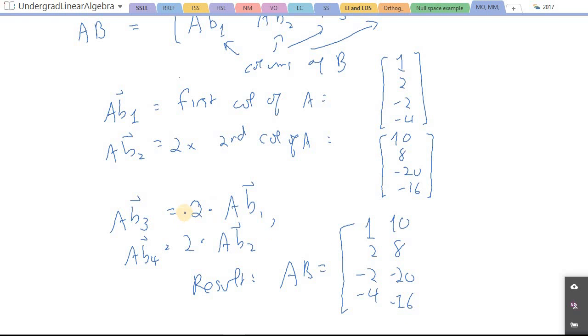Third column is 2 times the first column, so I'm going to get 2 times 1 is 2, 2 times 2 is 4, 2 times minus 2 is minus 4, 2 times minus 4 is minus 8. AB4 is 2 times the second column, so here I'm going to get 2 times 10 or 20, 2 times 8 or 16, 2 times minus 20, minus 40, 2 times minus 16 is minus 32. So that's my final result.